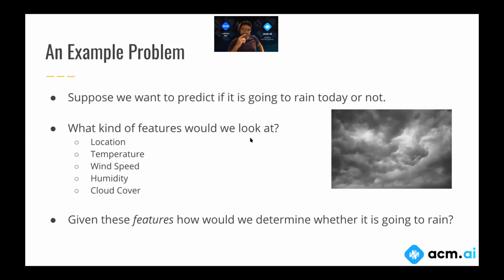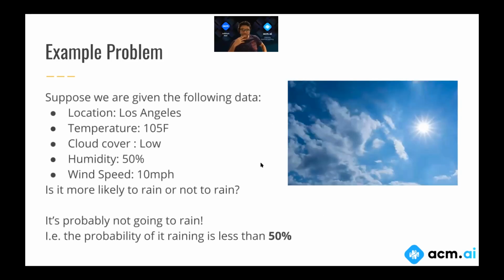Because some of these features are continuous, like temperature, while stuff like location isn't. How do we figure out what the output of the model should be? Moving on. Yeah, we're going to use logistic regression.